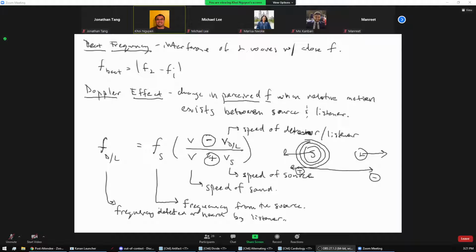They know their speed because they're the source, right? They know the speed of sound. They know what they're shooting out. They know what they're getting back. They can figure out what your speed is, the speed of the listener or detector, because they know this one, and this one, okay? And the speed of sound.